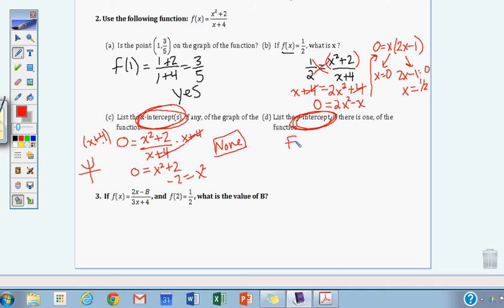So that's actually pretty straightforward. Put a 0 in for x and see what you come up with. Well, if I do that, I'm going to get 0 squared plus 2 on top. I'm going to get 0 plus 4 on the bottom. So that's coming out to 2 over 4 or 1/2. So our y-intercept is 0 and then 1/2. Okay, that's the idea on that one.